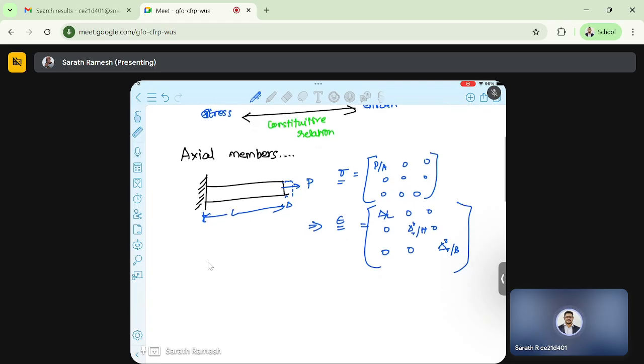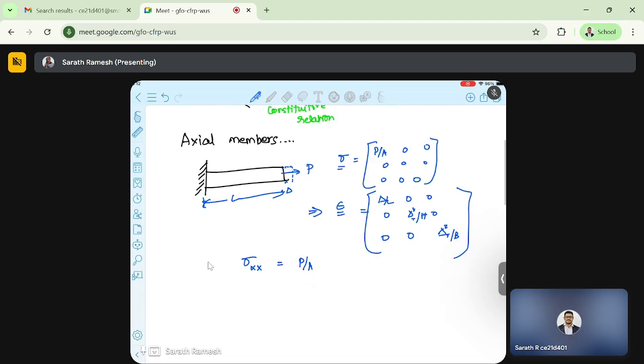Now if I take sigma xx, I am considering majorly only the sigma xx component. This is equal to nothing but P by A, where A is the area of the cross section. Fine. This is coming from equilibrium equations.